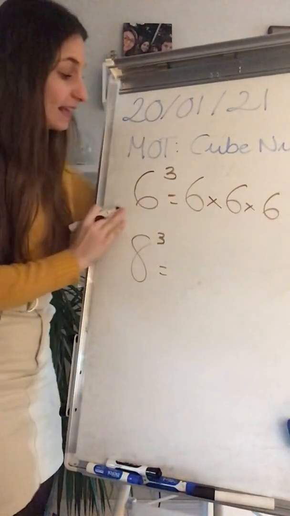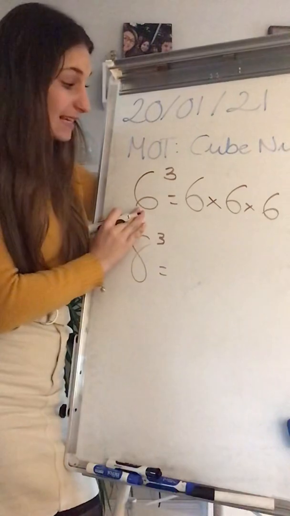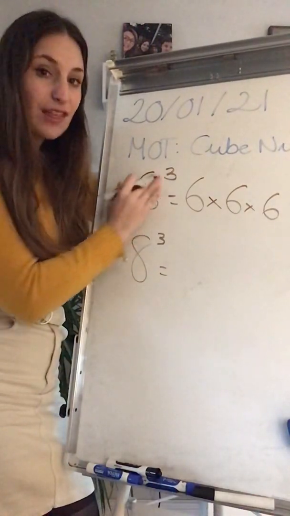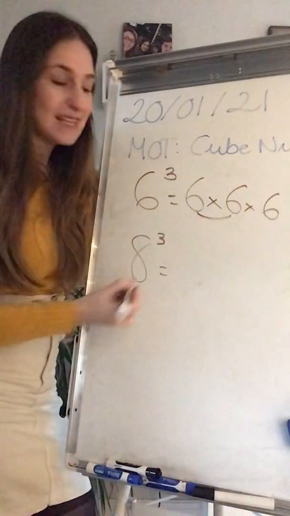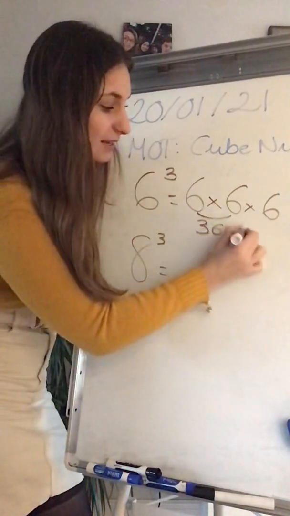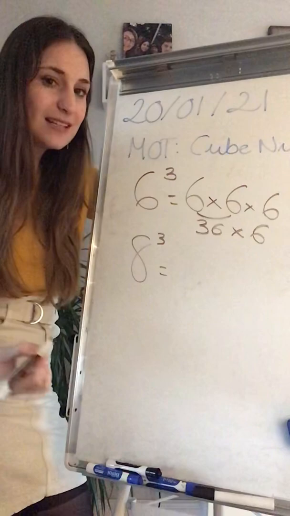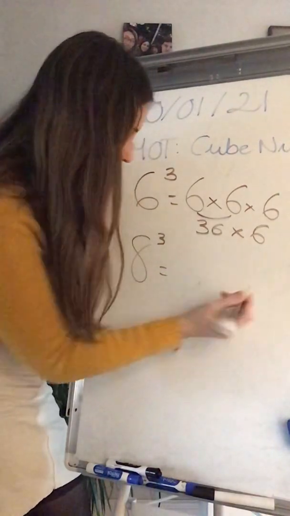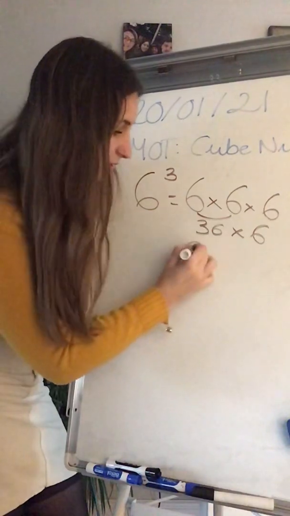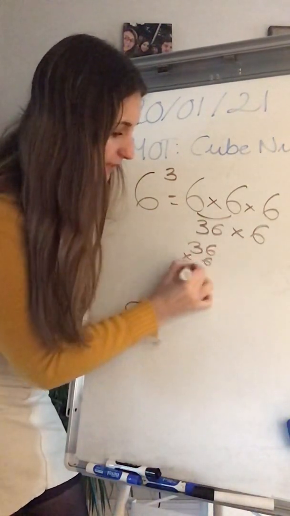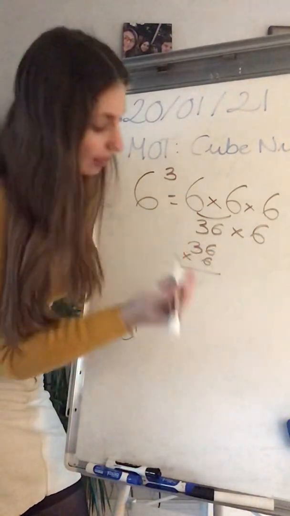Right, so we said that it will be 6 cube, 6 times itself 3 times, 6 times 6 times 6. I know that 6 times 6 is 36, so I will only need to do 36 times 6. 6 times 6 is 36.